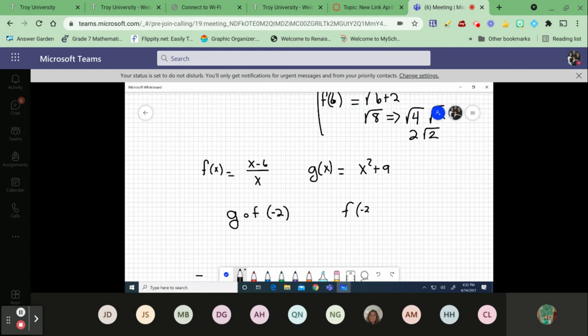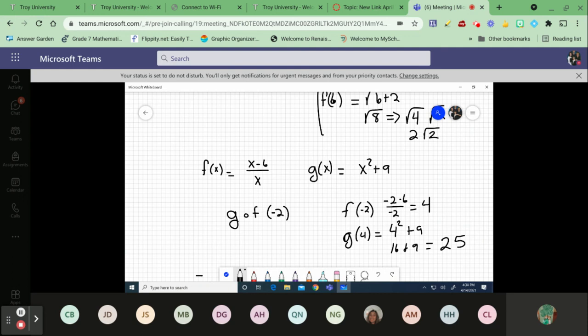Starting out with f of negative 2. So negative 2 minus 6 divided by negative 2 is going to give me a 4. So now I need g of 4, giving me 4 squared plus 9. Now it's going to be a 25. Yes? Okay.